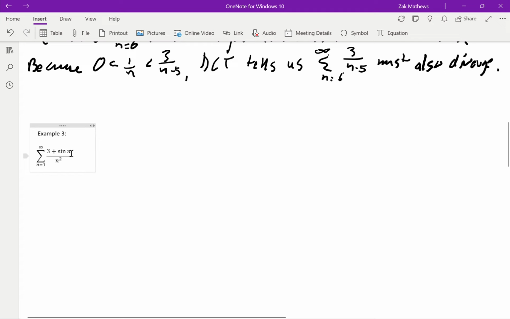If I just ignore the fact that sine of n is just -1 to 1, a relatively small value, n squared is the driver of this function, so that appears to be a p-series with a p larger than 1. So I'm assuming that this thing is going to converge through the p-series. So what I'd like to do is find something larger than this.